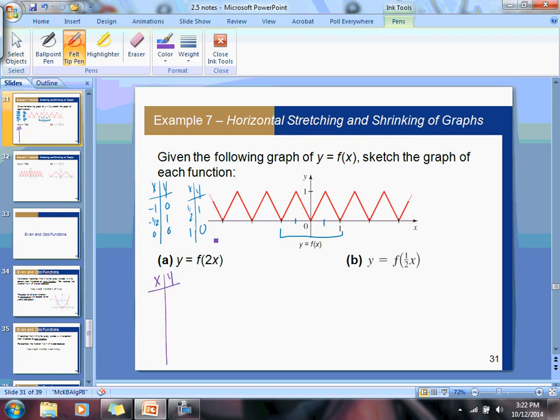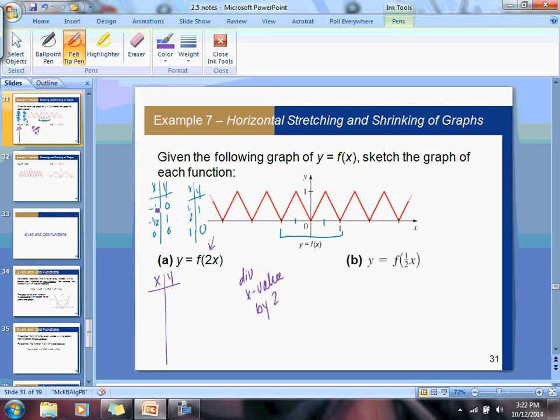Now when I'm multiplying in here by a whole number with my x, it's kind of like I'm going to do the opposite in my actual table of values, okay? Because multiplying by that whole number is what's going to make the graph skinnier. So I'm actually going to be dividing my x value by 2 in this case.